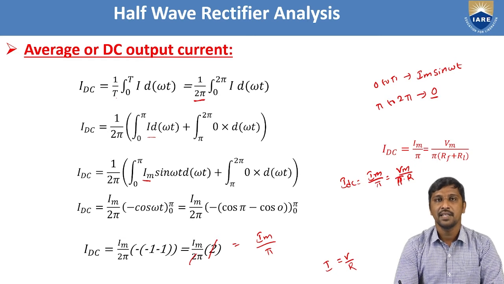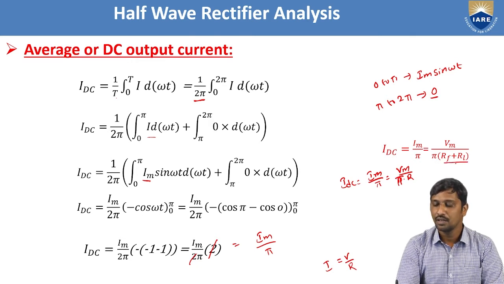One is the diode forward resistance, when the diode is forward biased, and the other is the load resistance RL. So R is the summation of the diode forward resistance and load resistance.